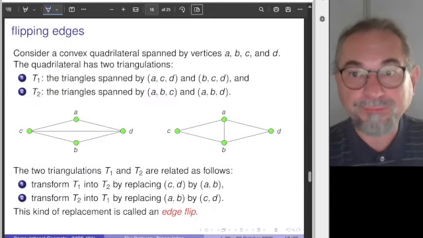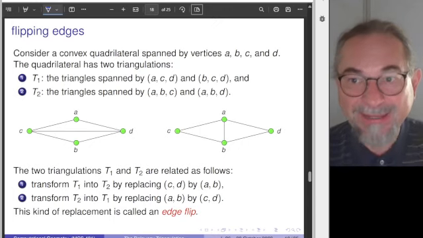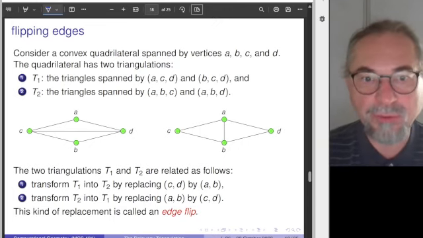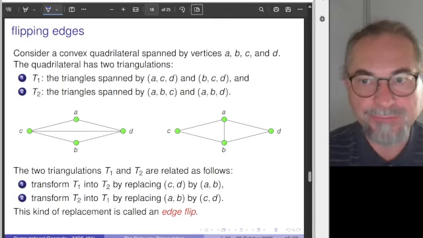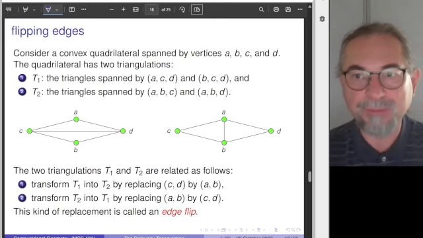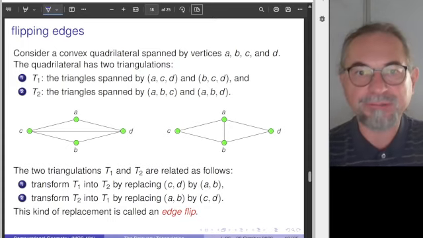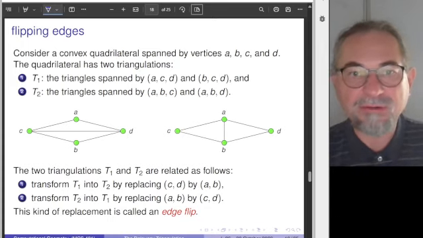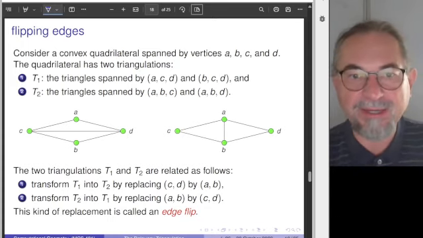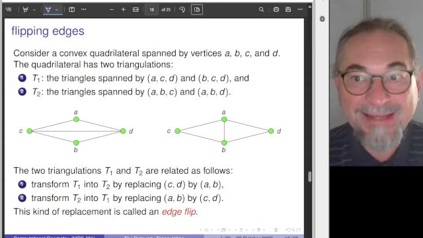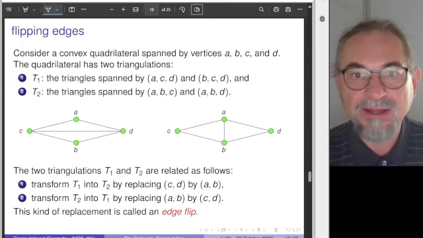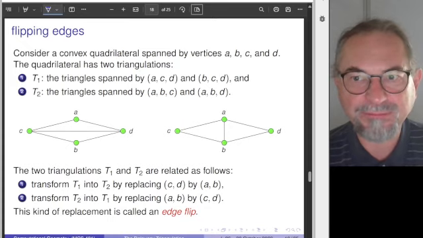We can start with any triangulation and start modifying it. If you optimize something, you can gradually improve your triangulation. If we look at this quadrilateral from the beginning, then any quadrilateral has two triangulations.